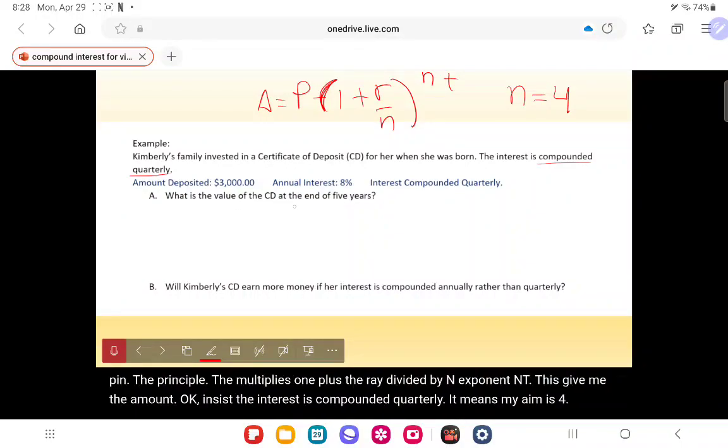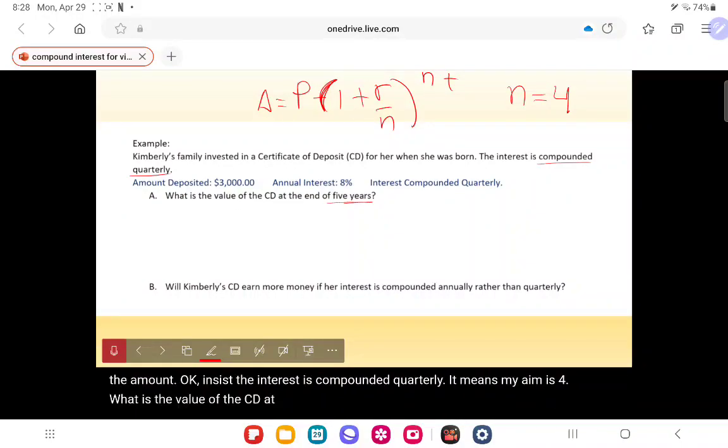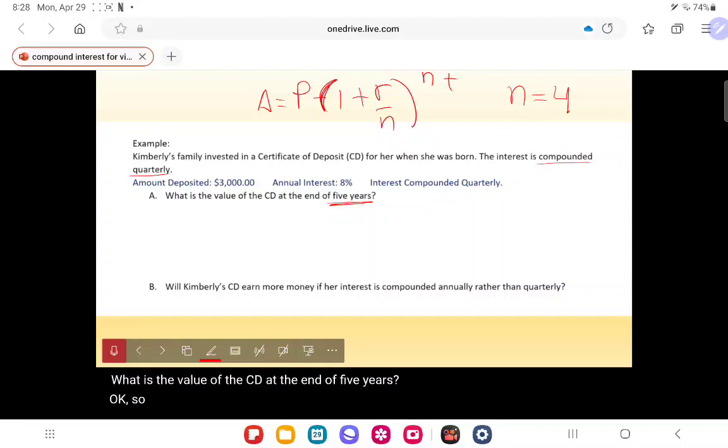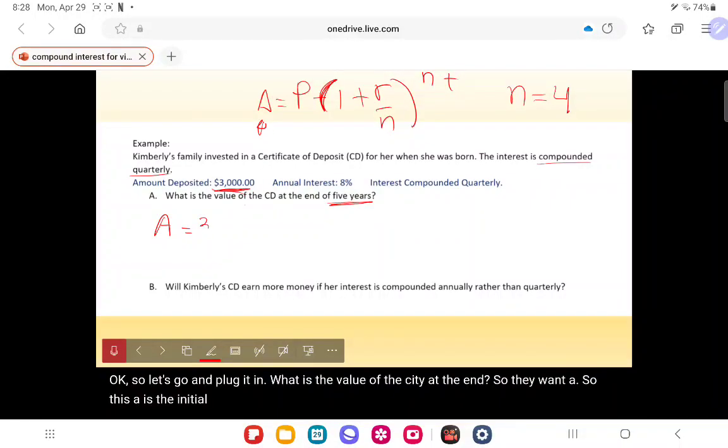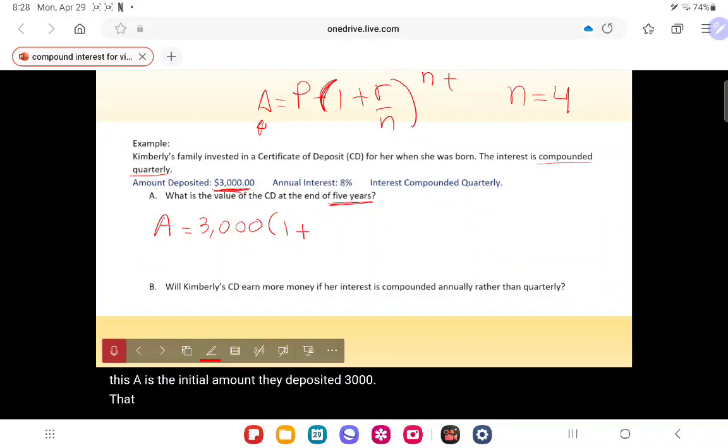What is the value of the CD at the end of 5 years? Okay, so let's go and plug it in. They want A, the amount. They deposited 3,000. That multiplies 1 plus the rate, 8%. I don't put plus 8. If I write 8, this will be wrong.